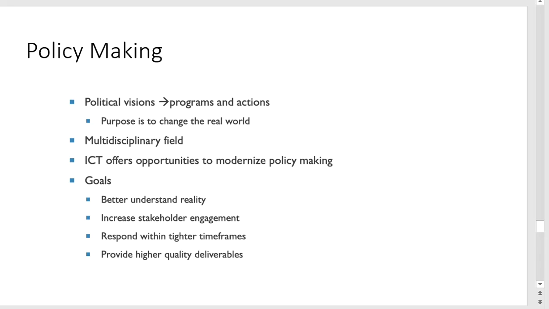These are important goals to include while creating the policy. The policymaker should understand the reality and include important stakeholders of the policy or the organization to participate in its creation. And ultimately, it is very important for policymakers to create a higher quality deliverable.